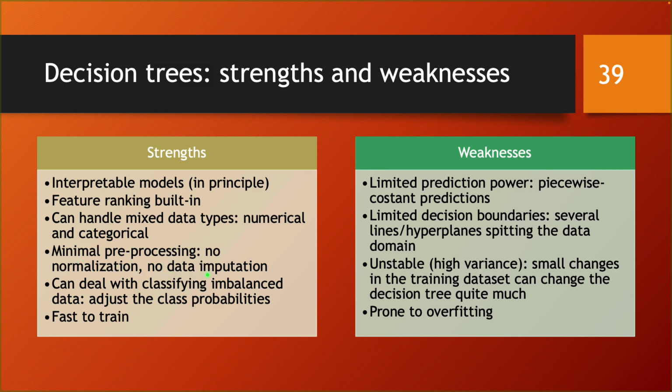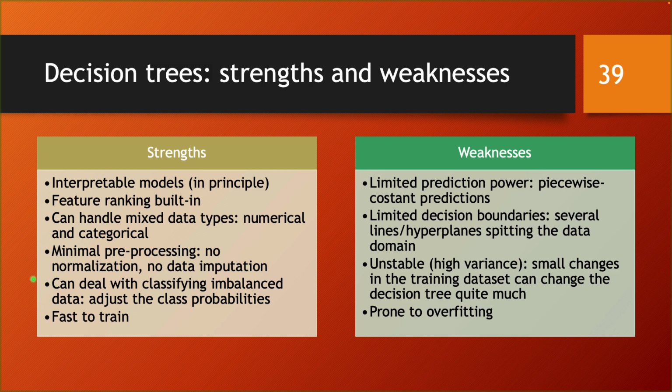And also, typically you don't need to do data imputation, because if there is an attempt to make a query on a feature and the data point doesn't have a value saved for that feature, there is a clear understanding of whether such points go on the left branch or the right branch, and typically it goes to the left branch, whatever that is in your decision tree.